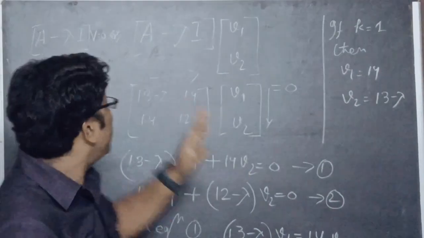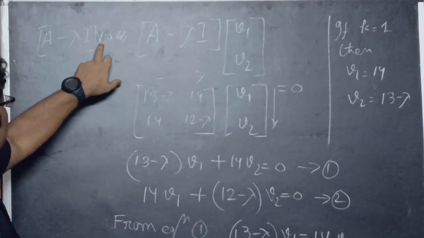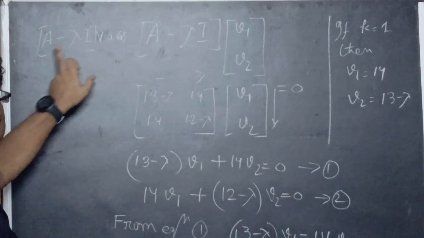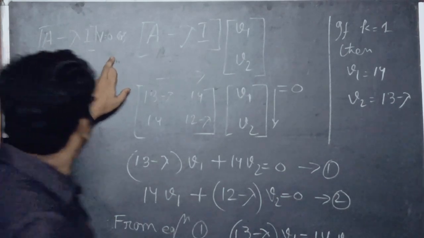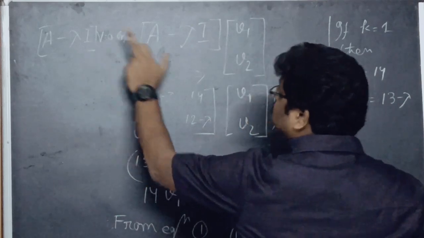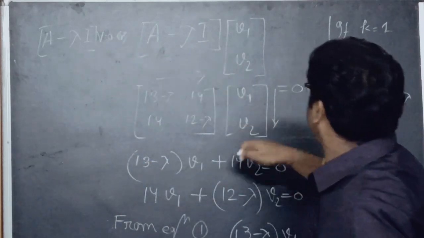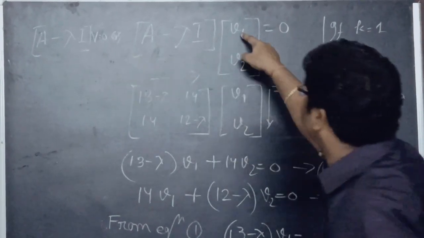Here v is the eigenvector, and we have the equation, as in my theoretical analysis, A minus lambda I multiplied with v equal to 0, where v is the vector v1, v2.